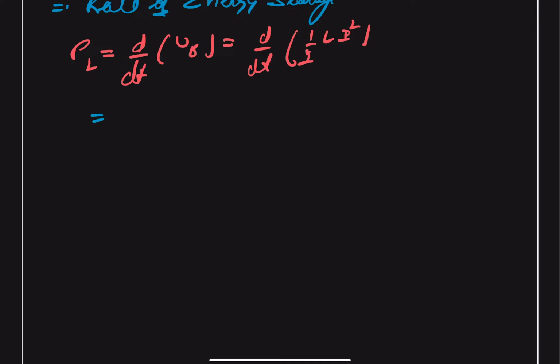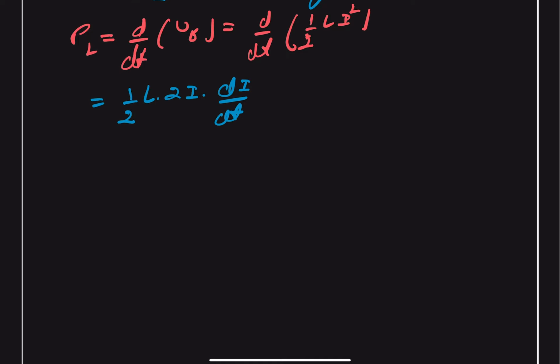This gives us half L 2i di upon dt. 2 and 2 cancel out. This comes as L i di upon dt.